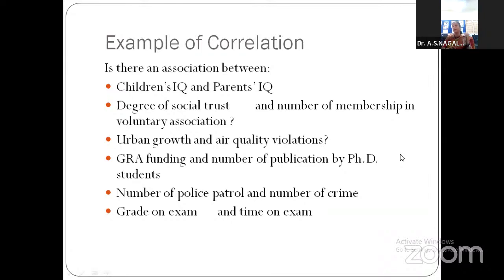Urban growth and air quality violation. So whether you're going to see these two as part of an association, here maybe it is relationship, not association. Actually, I wrongly used the word association. Association is used in chi-square; relationship is used in regression and correlation. So here, the urban growth and air quality is what you're going to test.